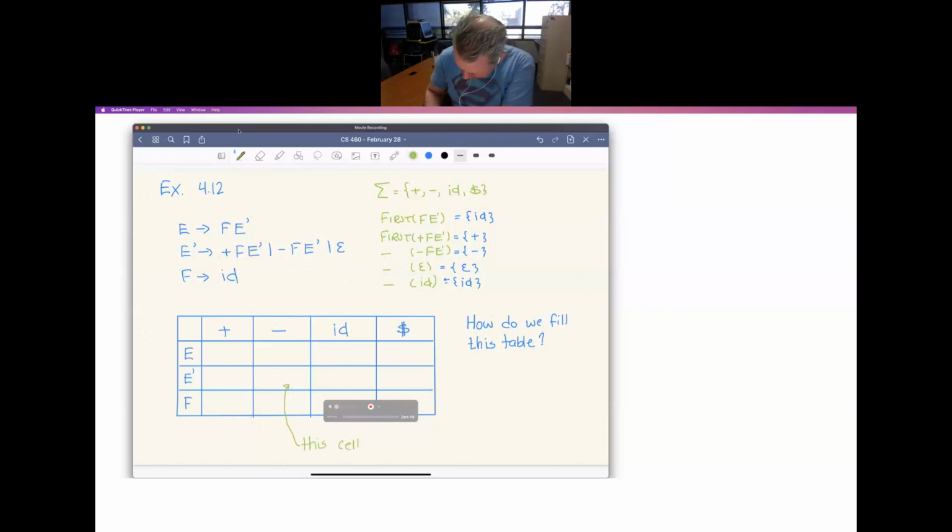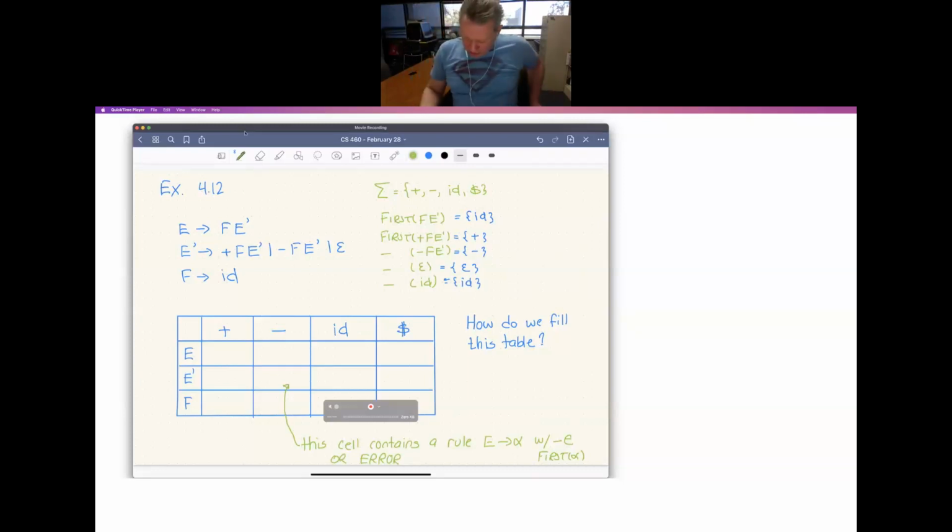This cell contains a rule. E goes to something. I'm going to put alpha with minus in the first of alpha, or error.